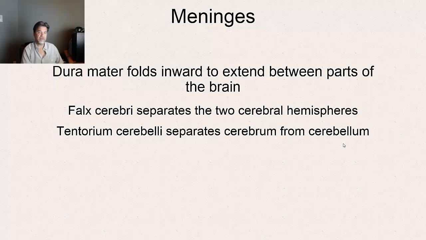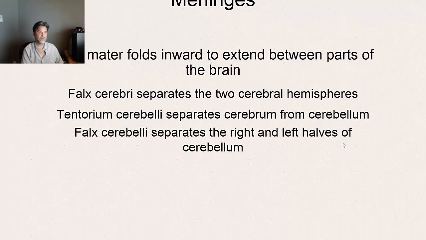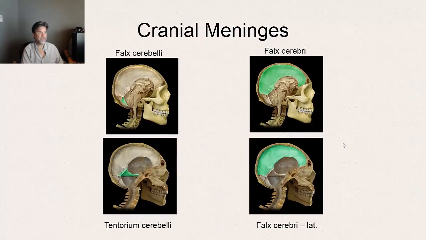And then finally we have a small opening gap in between the hemispheres of the cerebellum, and so that is called the falx cerebelli. And we can see them represented here in these shots. Really good shots. And certainly you'll be responsible for the anatomical designations for the lab quizzes.